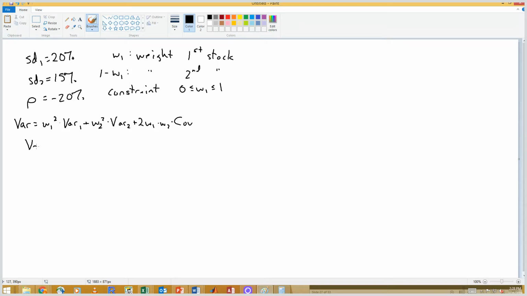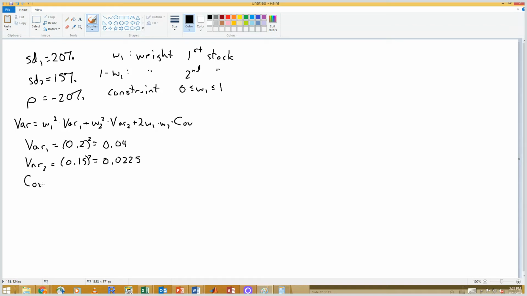So the variance of the first stock is equal to 0.2 squared equals 0.04. The variance of the second stock is 0.15 squared, which would be 0.0225.